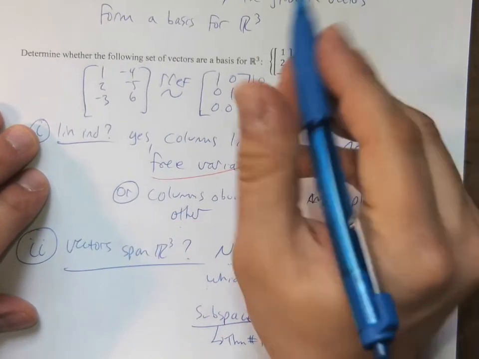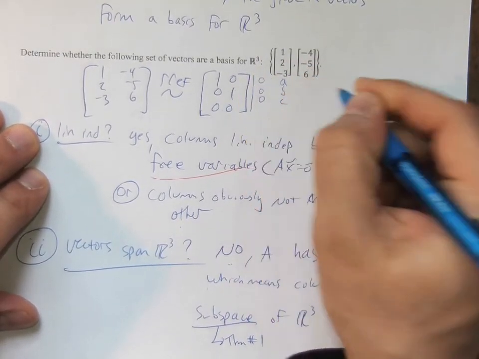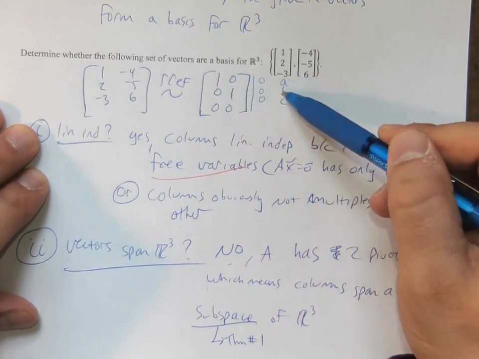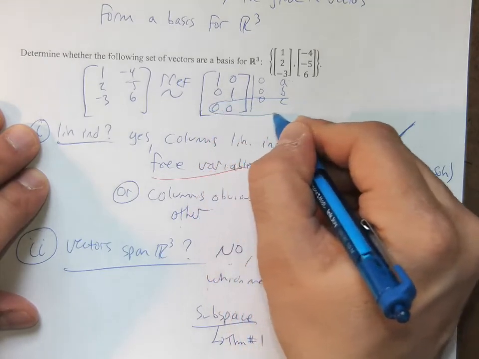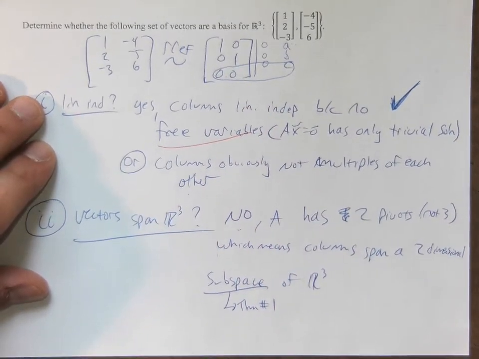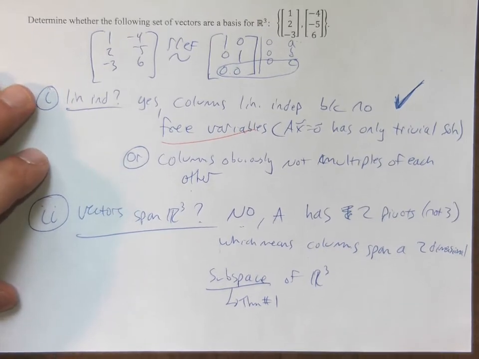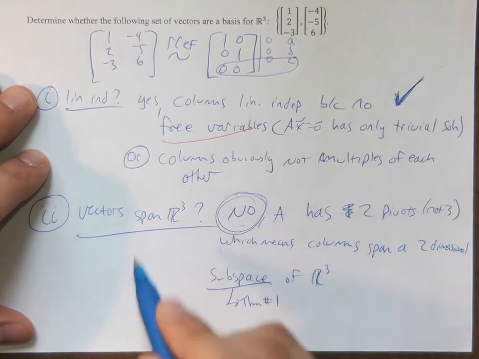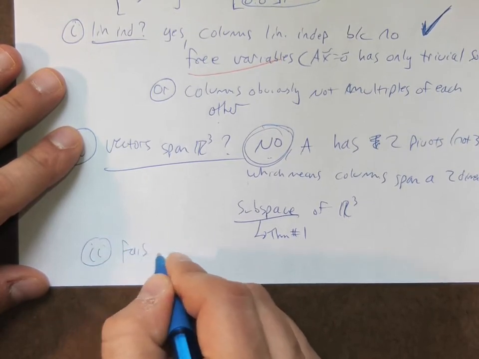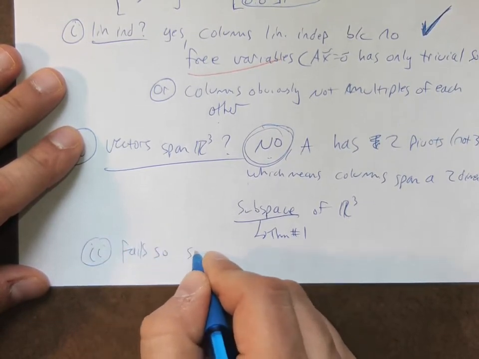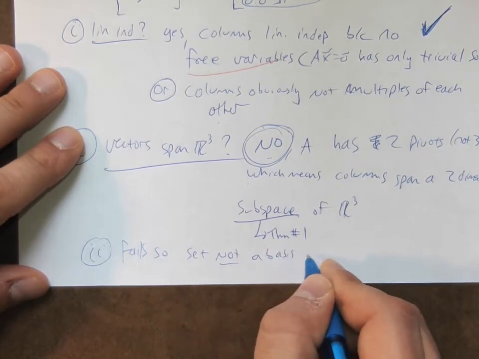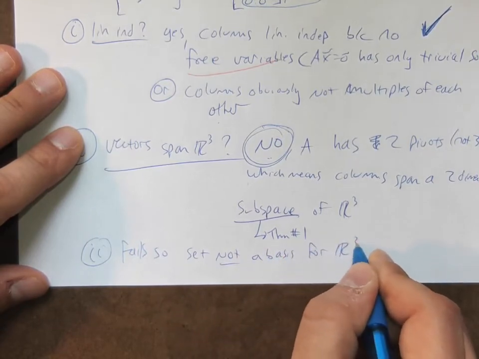In other words, if we wanted this to equal some random A, B, C vector in R3, we could get an answer for the first one and an answer for the second one, but the third row is going to end up being inconsistent because we don't have a pivot there. And so this one is no, because 2 fails. So the set is not a basis for R3.